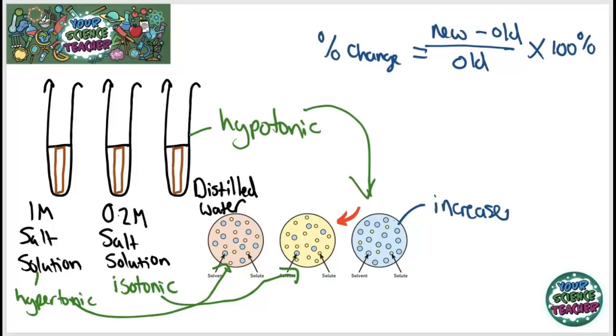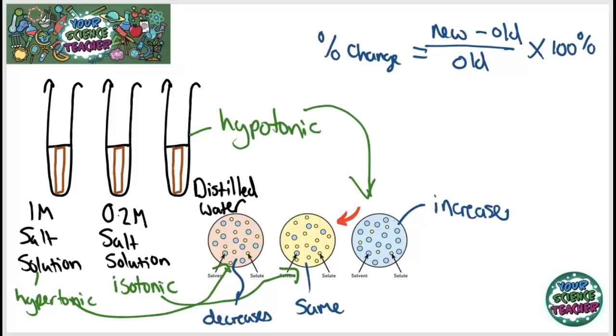If the concentration of salt or solute, which could be a sugar as well, is the same, what you should see is that it stays about the same mass. And in our hypertonic solution, the mass decreases.